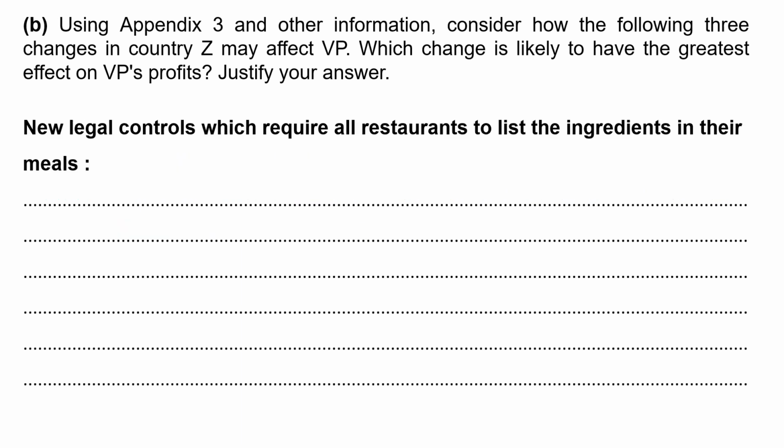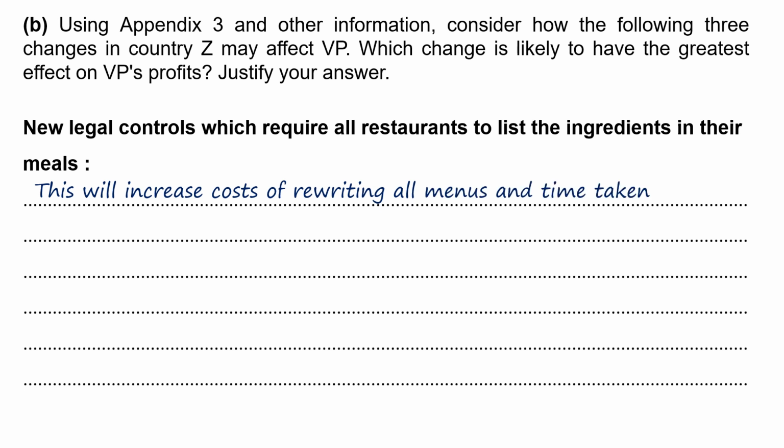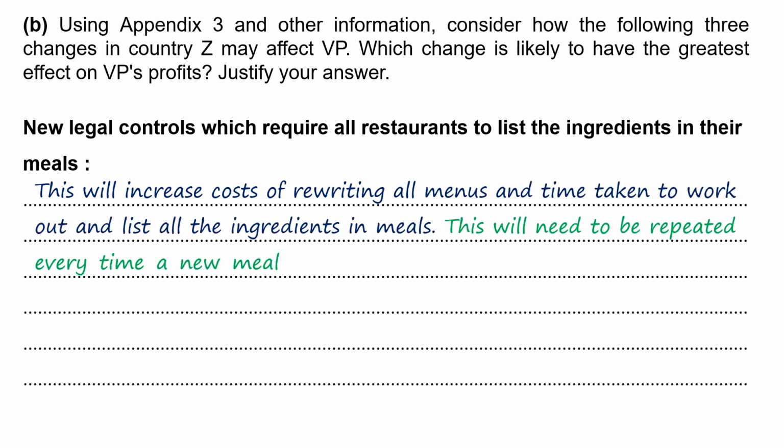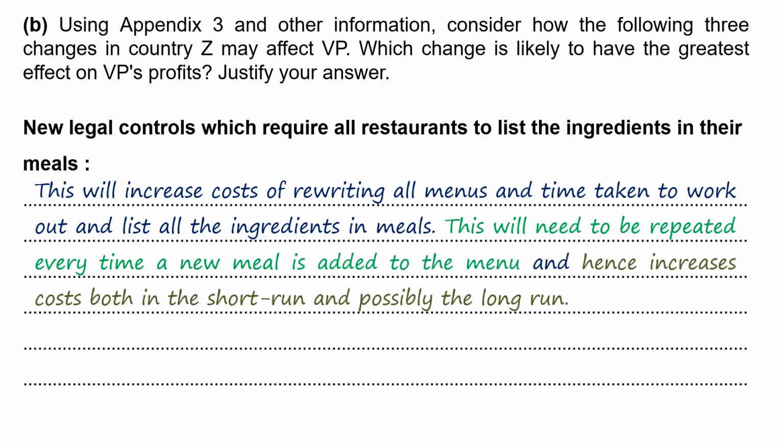And the third one, the new legal controls which require all restaurants to list the ingredients in their meals. This will increase costs of rewriting all menus and time taken to work out and list all the ingredients in meals. This will need to be repeated every time a new meal is added to the menu and hence increases costs both in the short run and possibly the long run.